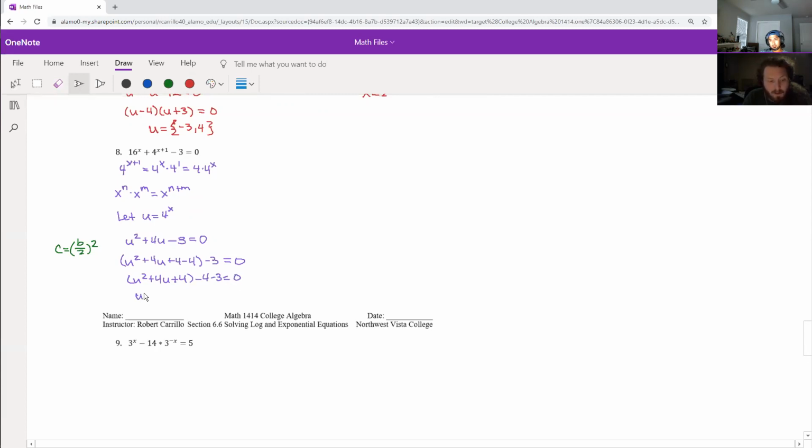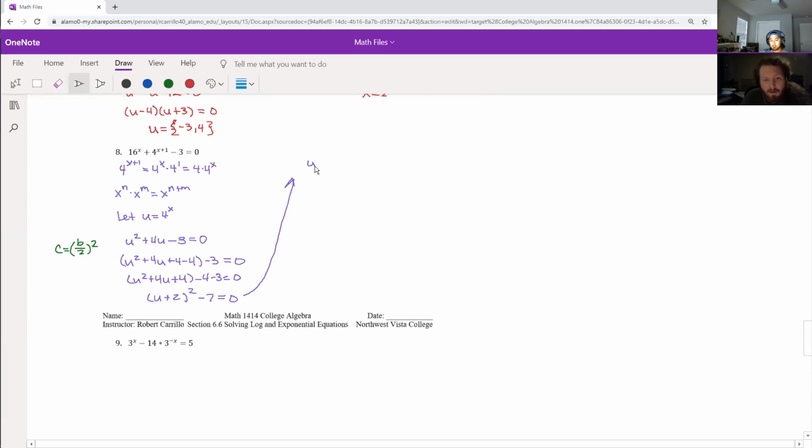Just kidding, we want this to be not squared. This factors down into U plus 2 squared minus 7 equals 0. Bring our work back up here.